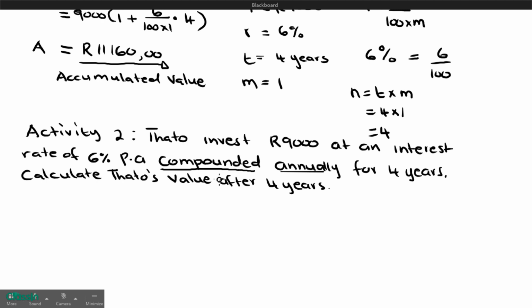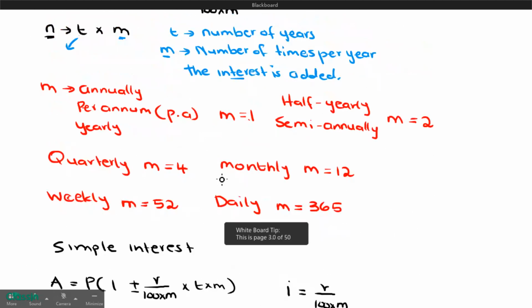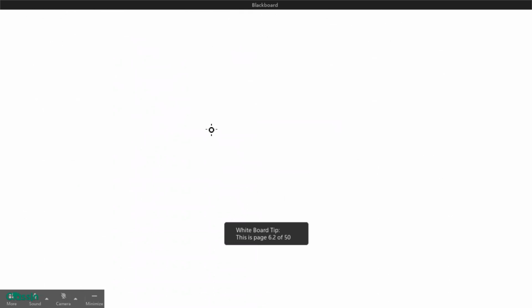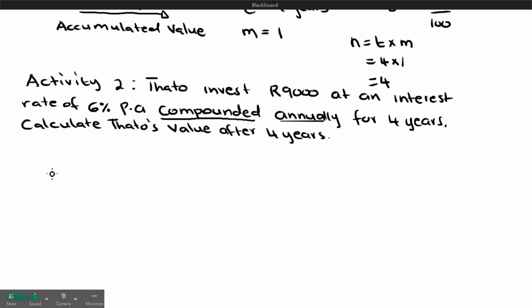If you remember, when I did my explanation, I indicated that they can say per annum, which is PA, or annually. When they say annually, per annum, or yearly, it means that our M is the same as 1. Because there is the term compounded, that is an indication that you are going to use compound interest.